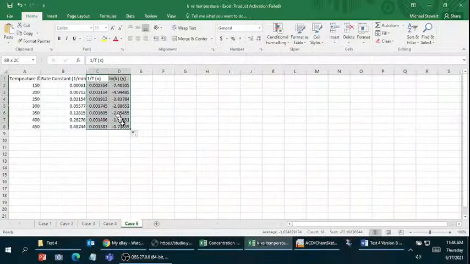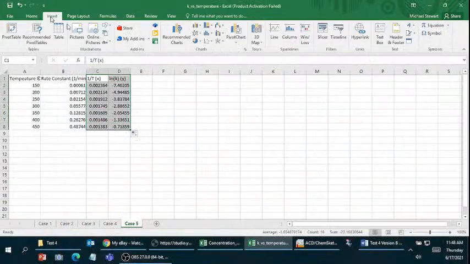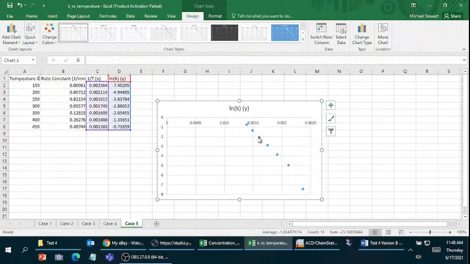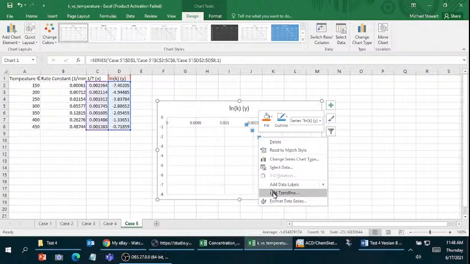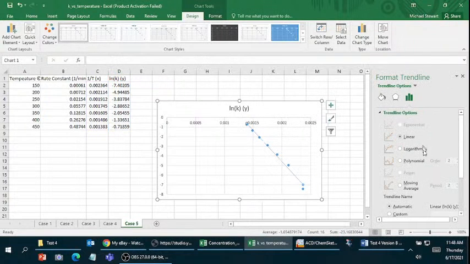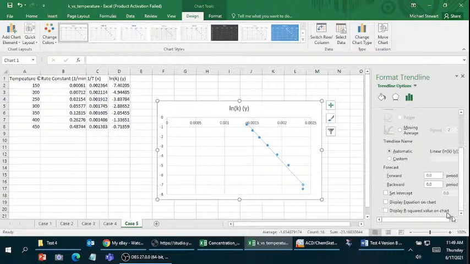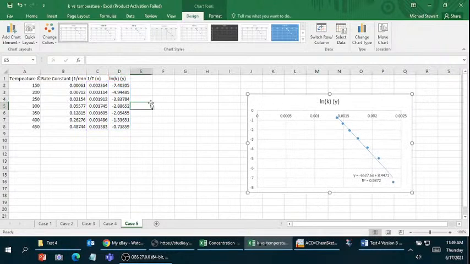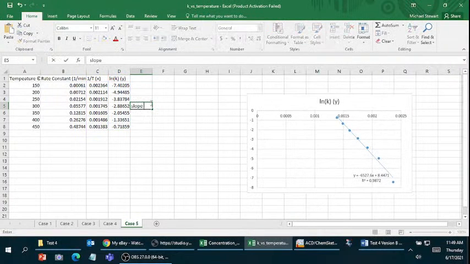So if I insert the plot, I get my slope, my y-intercept.